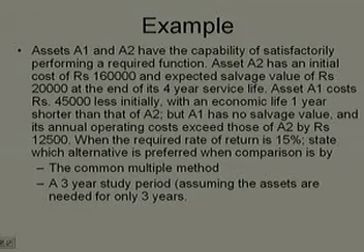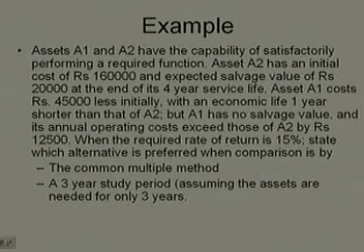Asset A1 is costing rupees 45,000 less initially. That means it would cost 115,000. It has an economic life 1 year shorter than that of A2. That means its economic life is 3 years. But this particular asset has no salvage value and its annual cost is exceeding that of asset 2 by rupees 12,500.